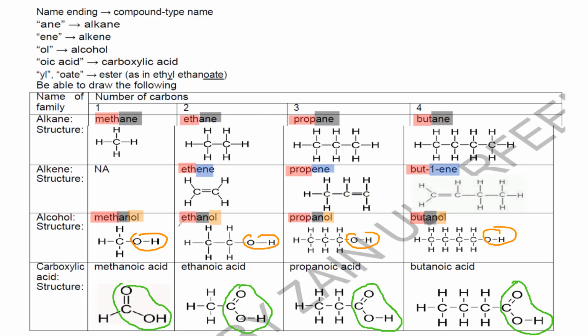So one carbon, it should be meth, because there is only one carbon. Single bond between, we check between the two carbon atoms or carbon and hydrogen, there is a single bond. Not with carbon and oxygen, even though there is a double bond, we don't consider that. So it is meth due to the single bond, and because they have a single bond, and due to the carboxylic group, that is oic acid. So methanoic acid.